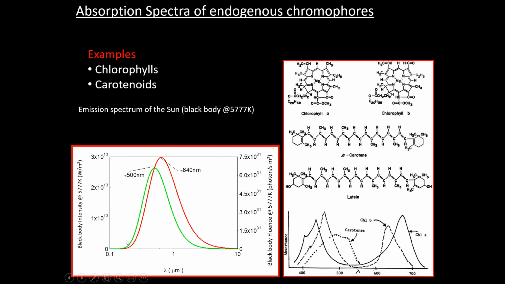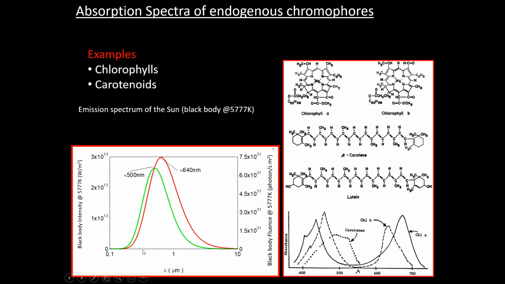And if you calculate the black body radiation, you will see the emission spectrum of the sun, and here you have the wavelength in a logarithmic scale. So this is 0.1 microns, this is 1 micron wavelength, and this is 10 microns. So don't make mistakes.